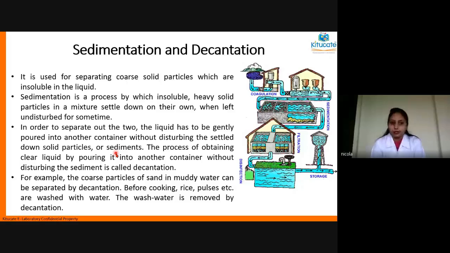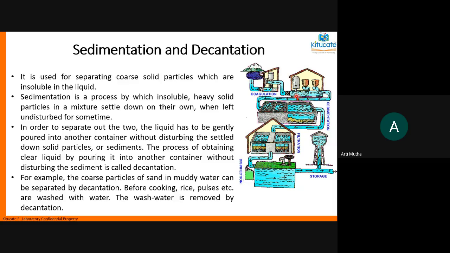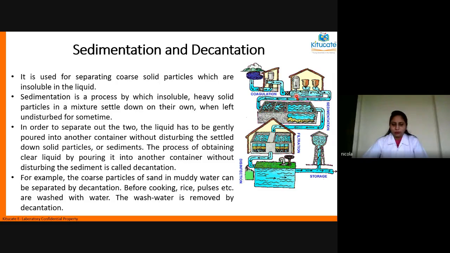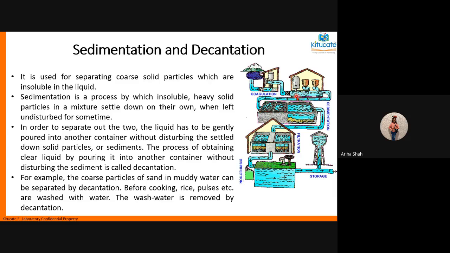Can you see on the right hand side, there's a picture. What is this picture about? What does it show? All the solid liquid separation processes are connected to each other.